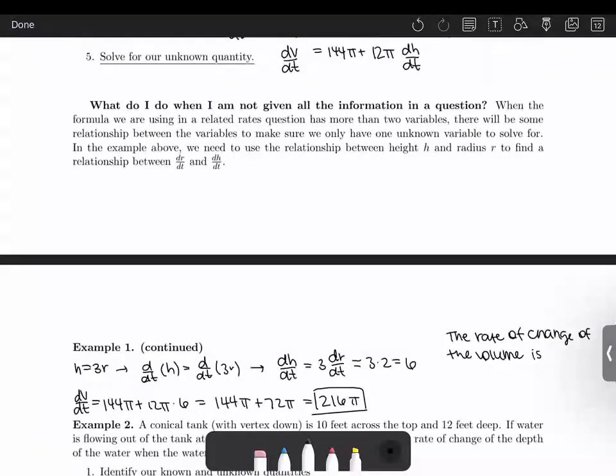is 216 pi. And now we need to think about, okay, what is our unit here? So because we're dealing with volume, that means we're going to have cubic units. If we were dealing with area, we would have square units. And if we had length, width, height, radius, anything like that, those are just going to be normal units.